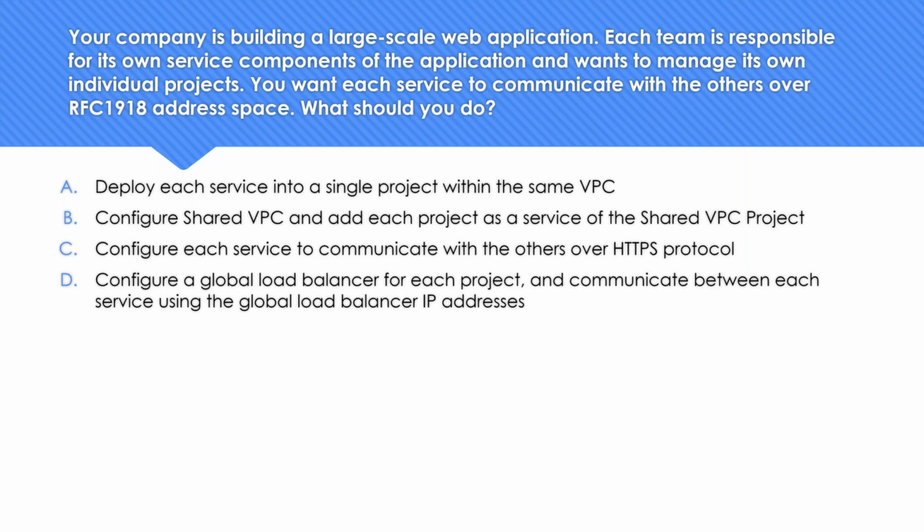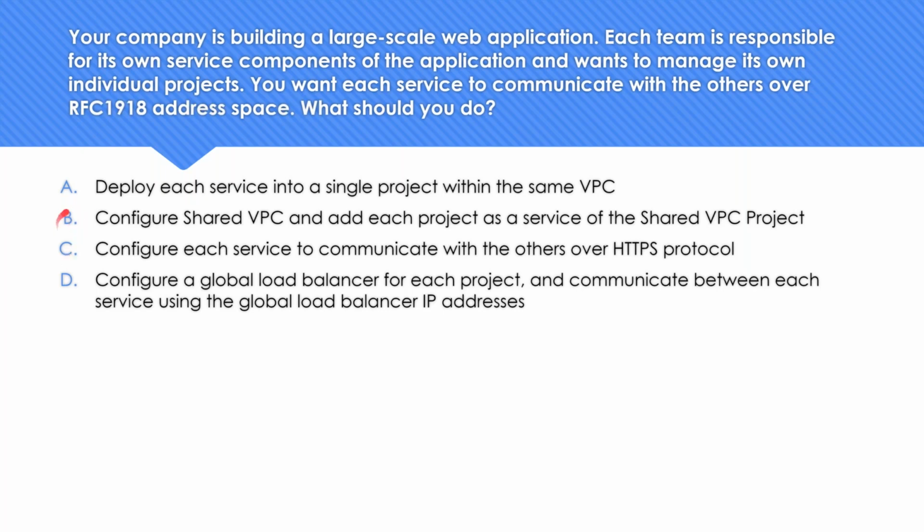They can work independently, but the communication is going to use the same VPC. Resources in the same VPC can communicate using internal IP addresses. So what they want is fulfilled, and the requirement to communicate between the components is also fulfilled. So B looks like a good choice, as most of you mentioned.